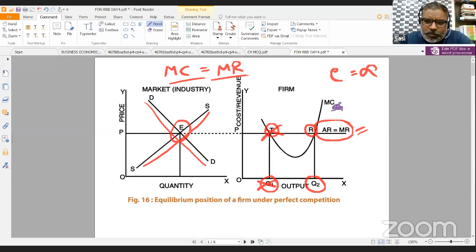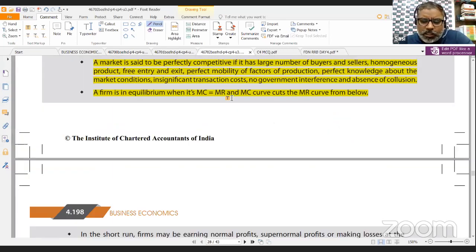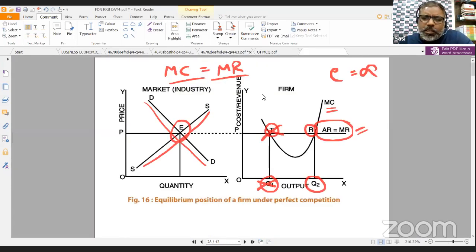Because the MC curve has cut the MR curve at point R from below. That is the quantity which it should produce and sell, not T, because T emerged when MC was cutting MR from above. That is not what we are looking for. We are looking for where the MC curve cuts the MR curve from below. That is a technical point to be noted.